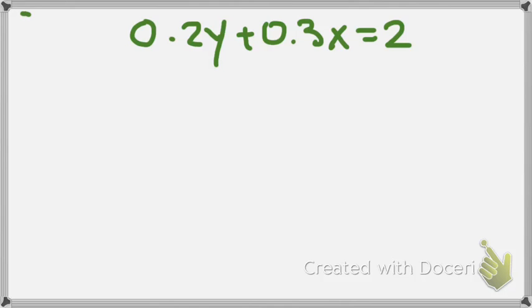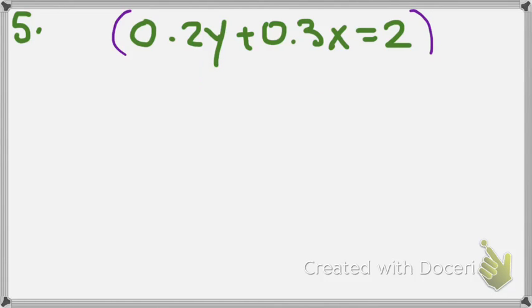Number 5. Right off the bat, I see decimals, and I know that I cannot have decimals. To eliminate your decimals, you multiply everything by the place value of the greatest digit after your decimal. So here I have 2 in the tenths spot and 3 in the tenths spot. So the largest place value would be our tenths.